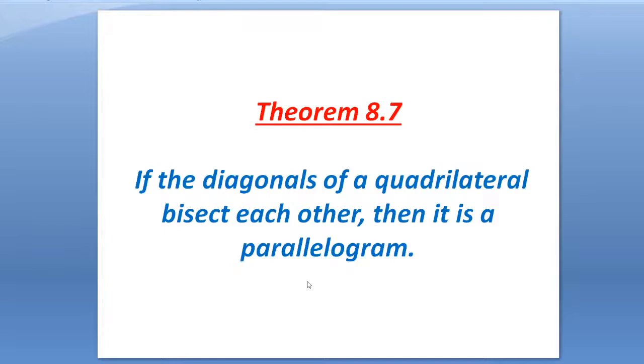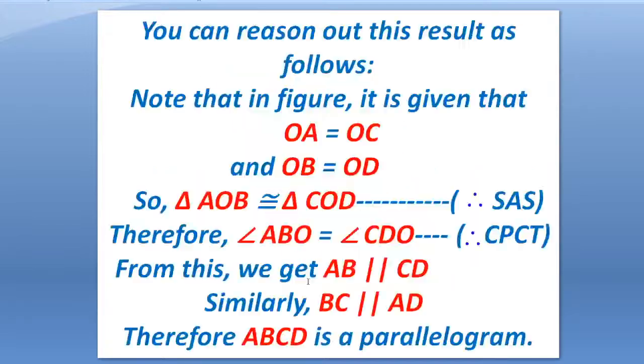Then it is a parallelogram. So, OA is equal to OC and OB is equal to OD. So, triangle AOB and COD are congruent.